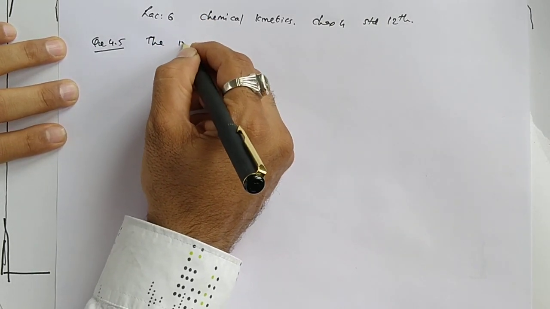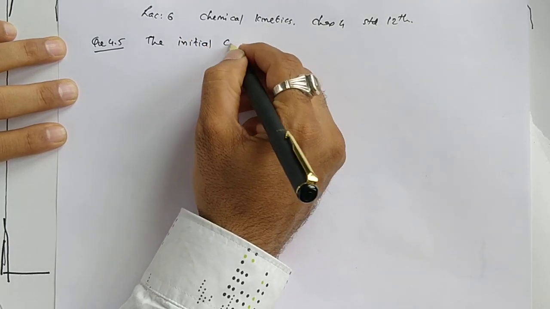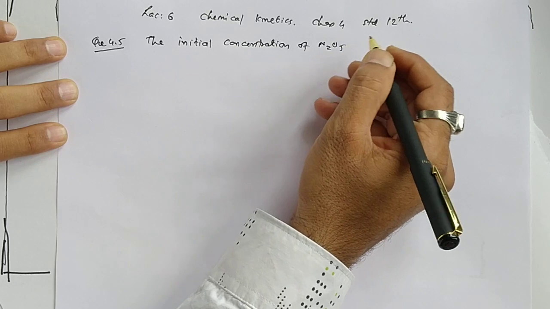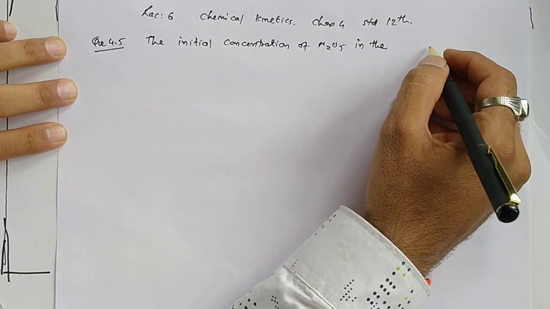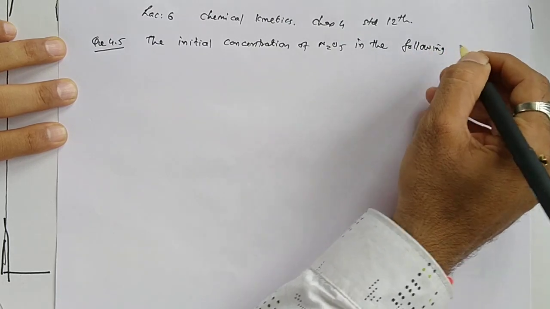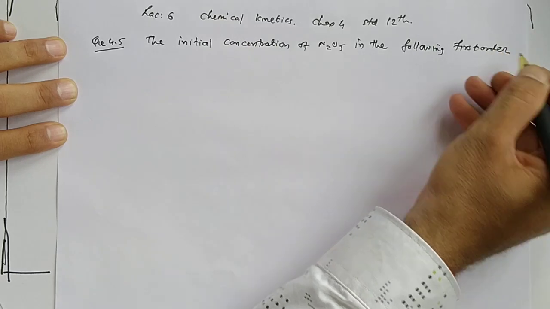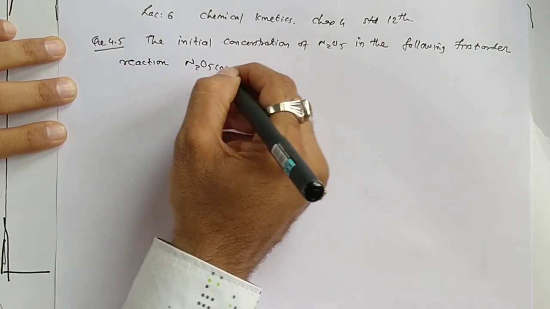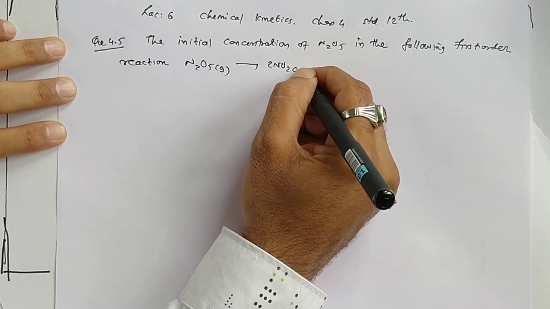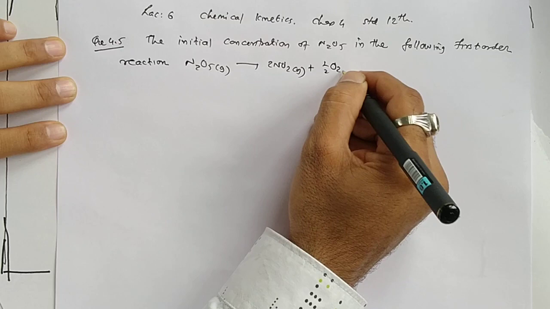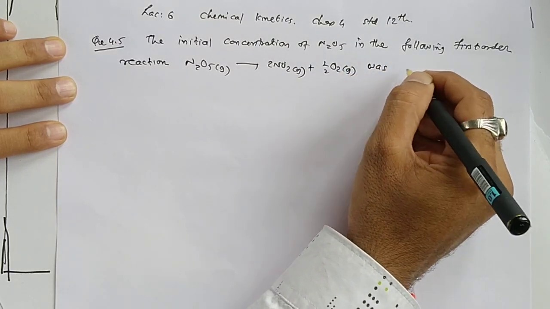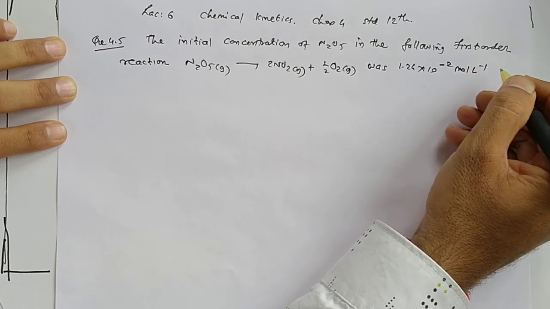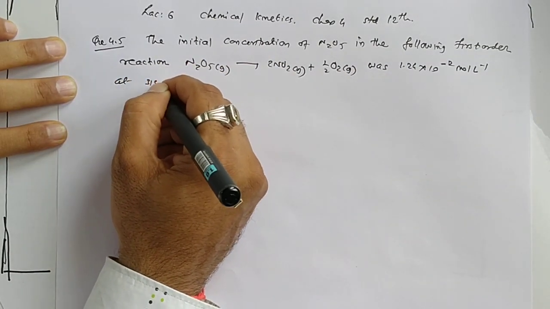The initial concentration of N2O5 in the following first order reaction, N2O5 gives 2 NO2 gas plus 1/2 O2 gas, was 1.24 into 10 raised to minus 2 mole per liter at 318 Kelvin.